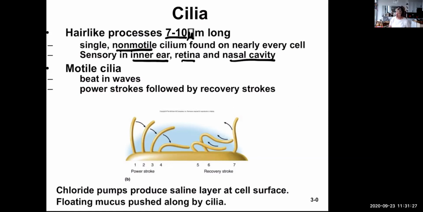I think they're also known as stereocilia. Some cilia are motile, lucky for us, and they beat in waves. They have a power stroke followed by a recovery stroke. So these are the cilia that line your respiratory tract.